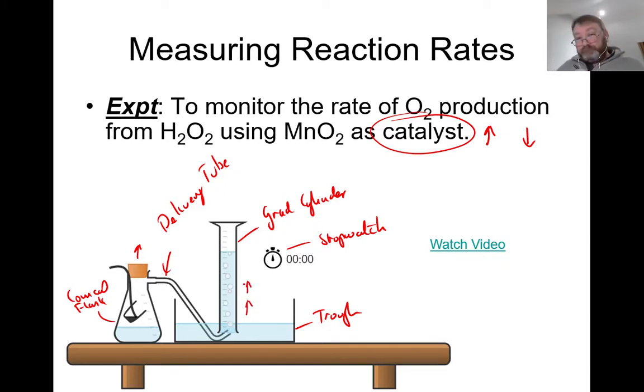Now, in order to be able to measure the liquid, the first thing we have to make sure is that the graduated cylinder doesn't have any more, sorry, did I say measure the liquid? In order to measure the gas, it's not allowed to have any other gases in there. So what we do with the graduated cylinder is we fill it with liquid first, turn it upside down, invert it into the water, take our hand away, and the entire graduated cylinder remains filled with water.